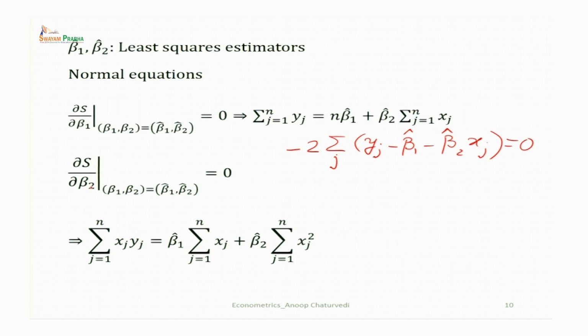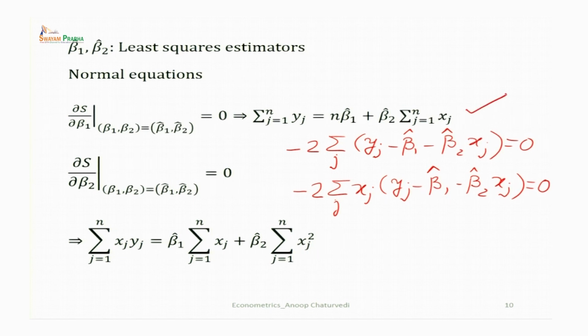Again, when we differentiate S with respect to beta 2 and we write beta 1 equal to beta 1 hat, beta 2 equal to beta 2 hat, then we obtain this relation, which can be simplified as summation j x j y j equal to beta 1 hat summation j x j plus beta 2 hat summation x j square.